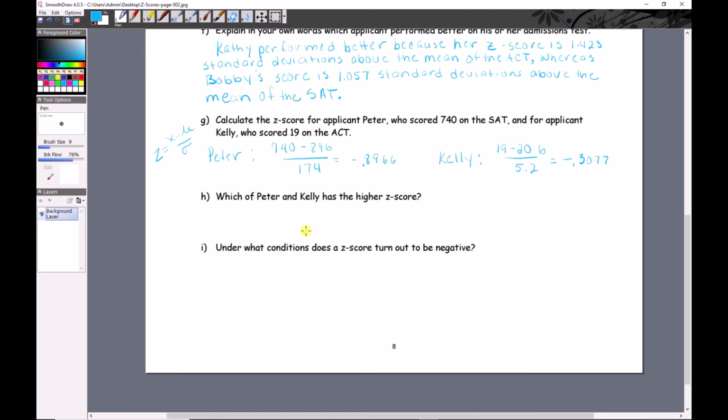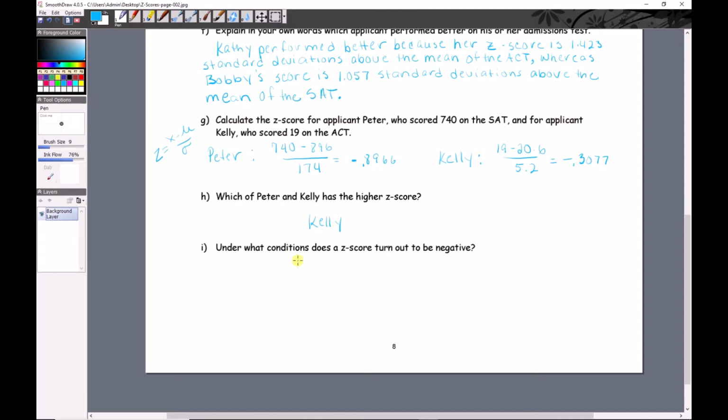All right, so which person has the higher z-score? Now remember that negatives kind of work backwards. If this were positive, it would be Peter, but with Kelly, you're closer to 0 than Peter is, so that'll be Kelly. All right, so if you're comparing those two, we've got a winner with her.